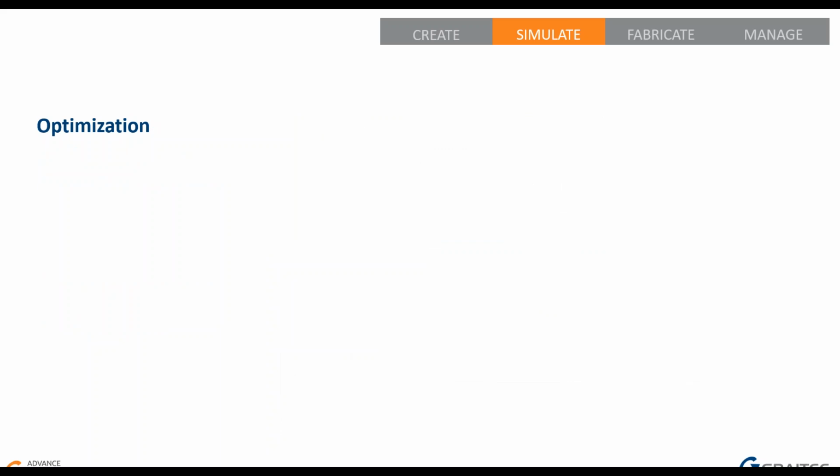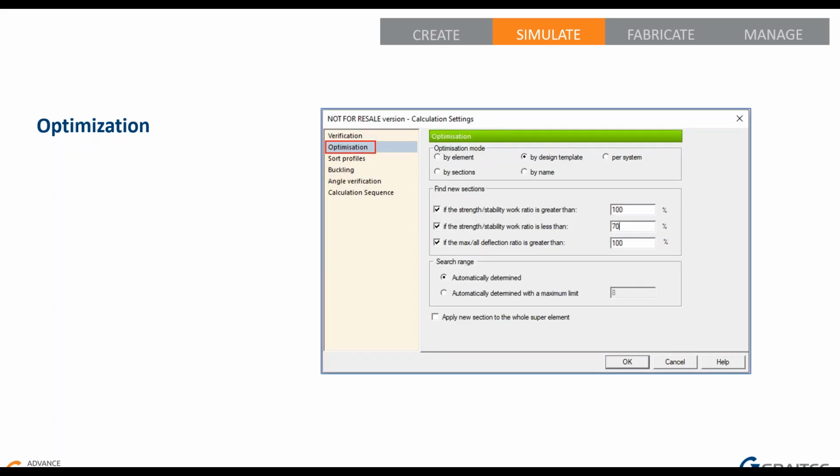And having software doing all that in an automatic process lets you focus on just reaching the optimum building solution through a series of optimizations. And in advanced design, you can optimize your structure based on strength and stability to make sure that a section is not overused, but it's not underused either, and that the deflection is also checked.